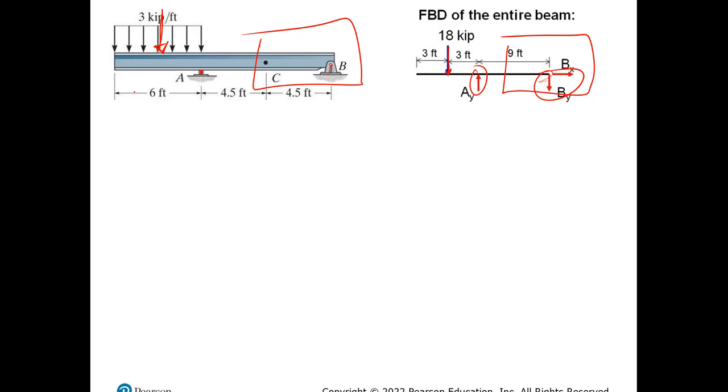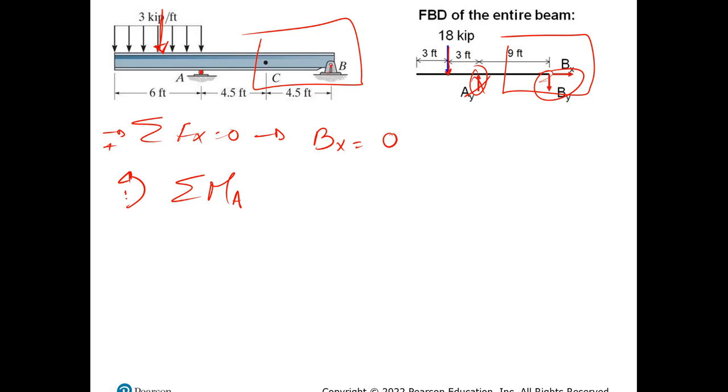So if I do that, I know that sum of forces in the x direction is equal to 0, and based on that, the only reaction that I have is Bx, and that is equal to 0. And if we want to find By, all we need to do is sum of moments at A, so Ax will be canceled out, and I don't have to worry about that. Don't forget your sign convention, and that equals 0.